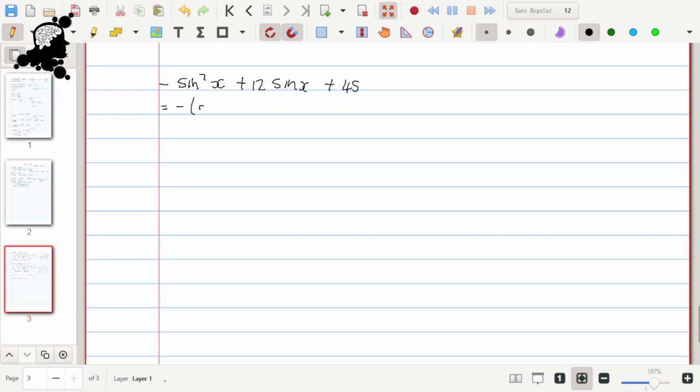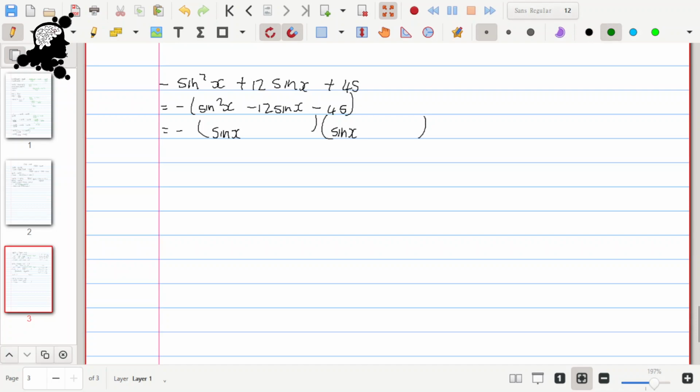So we will have here sine squared x minus 12 sine x minus 45. Now what we can do is we can factorize within the brackets. The square root of sine squared x is sine x. This is sine x.